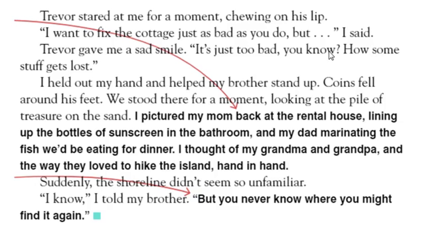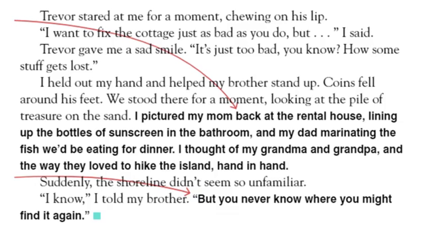I pictured my mom back at the rental house, lining up the bottles of sunscreen in the bathroom, and my dad marinating the fish we'd be eating for dinner. I thought of my grandma and grandpa and the way they loved to hike the island hand in hand. Suddenly, the shoreline didn't seem so unfamiliar. "I know," I told my brother, "but you never know where you might find it again."